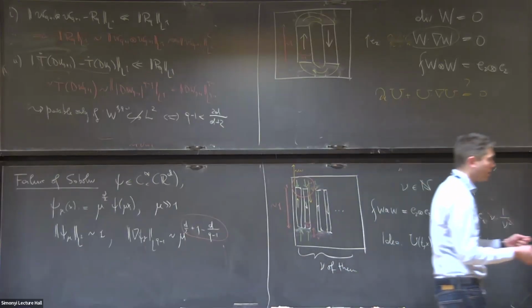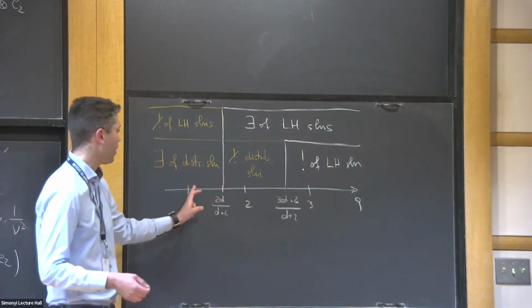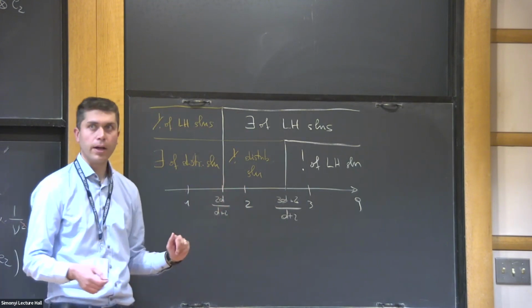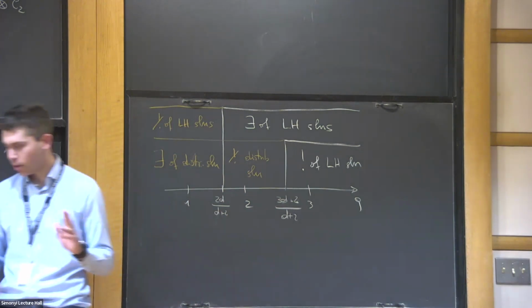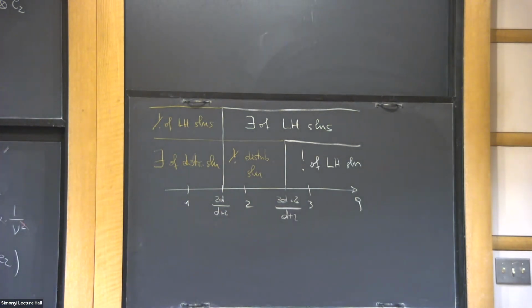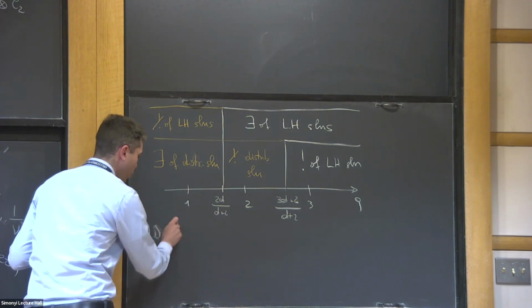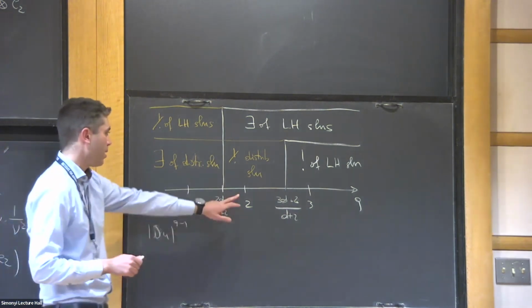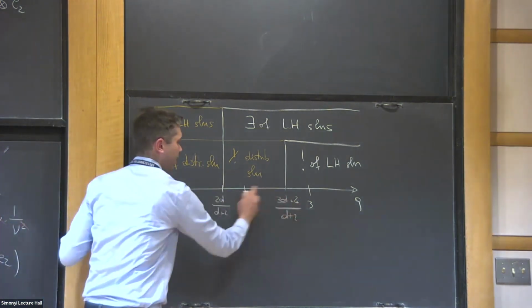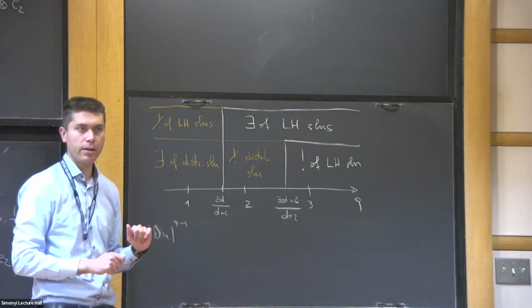Let's say that you are in dimension 2. Okay, this one is exactly 2. So you are here, but what can you do? You need to control this du to the power q minus 1. If you are in dimension 2, this is exactly 2. So q minus 1 will be for sure smaller than 1.